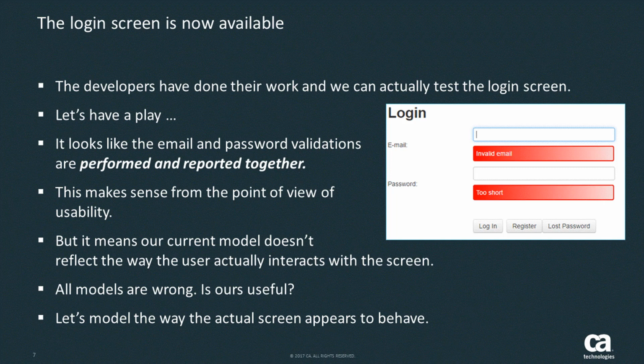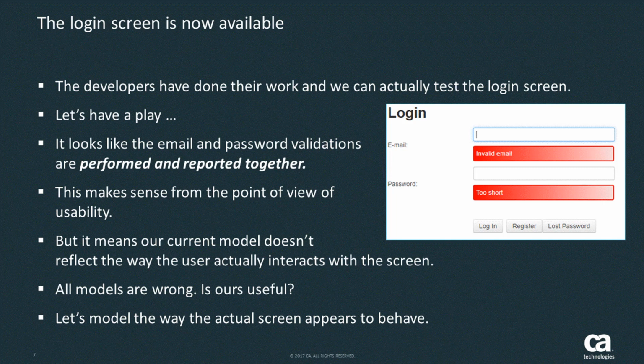So let's have another attempt at creating a model that reflects this idea that the email and password validations are both performed and reported together. Now, why would this change have happened anyway? Well, it makes sense because the user wants to know of all the errors they've made on the entry to a screen, rather than having to fix 1 error after another.